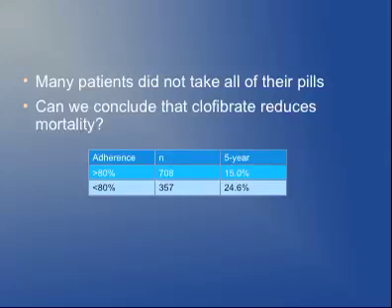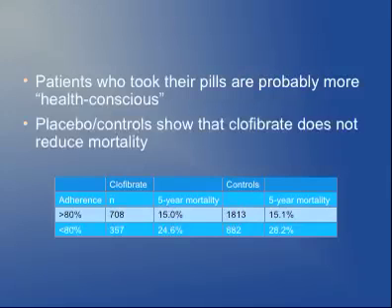So you might think, wow, if people take their clofibrate like they're supposed to, that drastically reduces their risk of death from cardiovascular disease. This drug must work fairly well. Well, hopefully you see already there were no controls in this particular experiment.